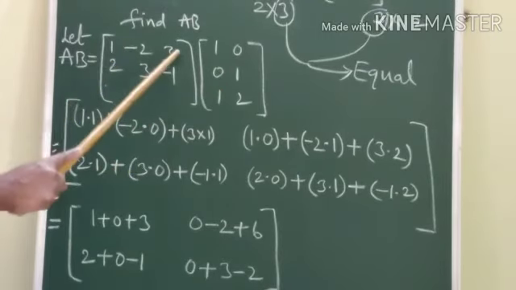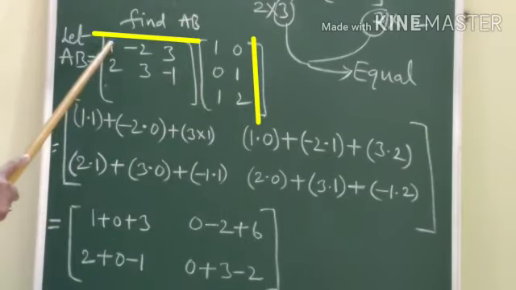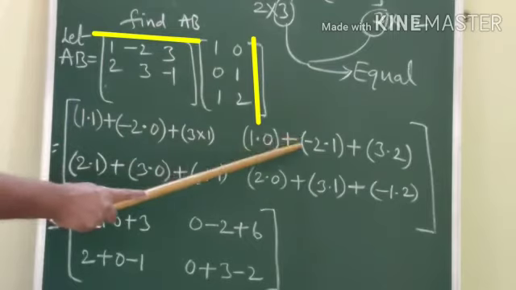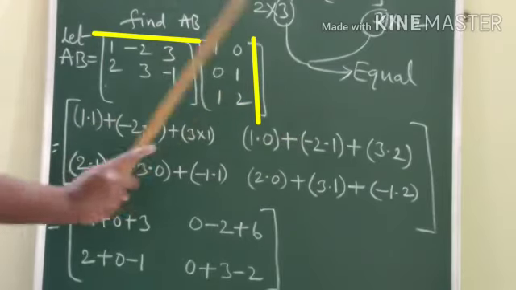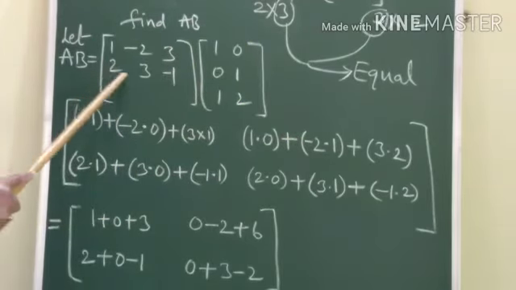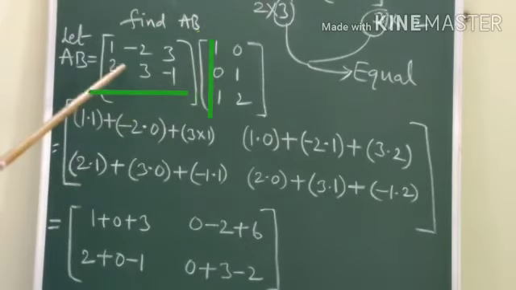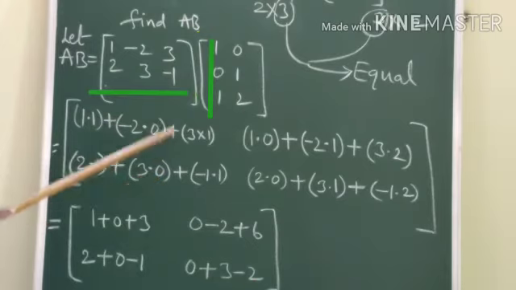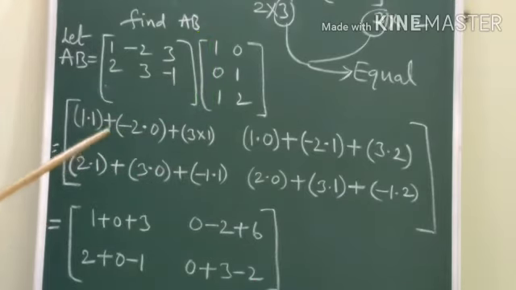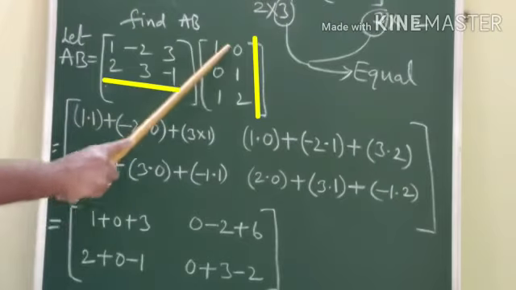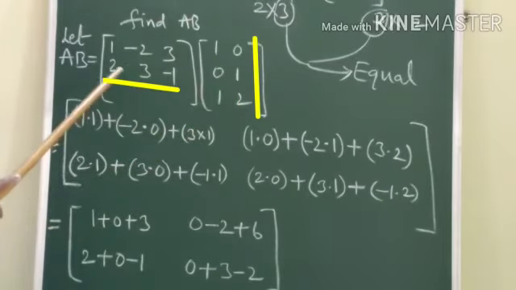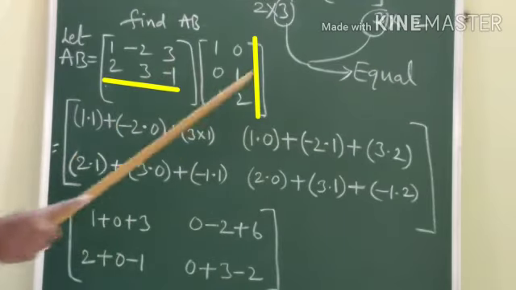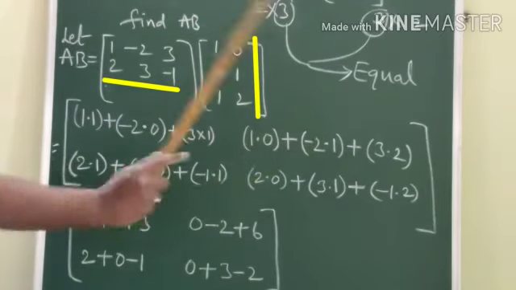Next, first row, second column, that is 1 into 0 plus minus 2 into 1 plus 3 into 2. Next, second row, first column, that is 2 into 1 plus 3 into 0 plus minus 1 into 1. Next, second row, second column, that is 2 into 0 plus 3 into 1 plus minus 1 into 2.